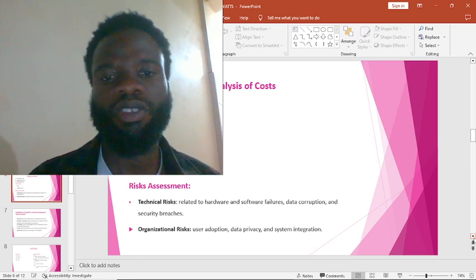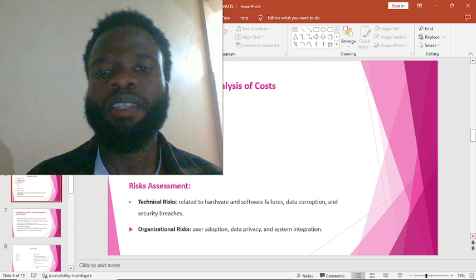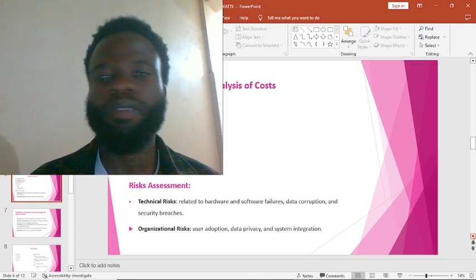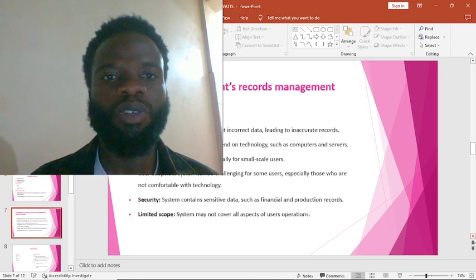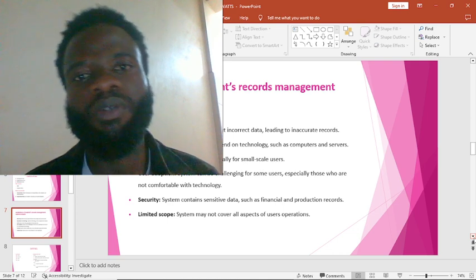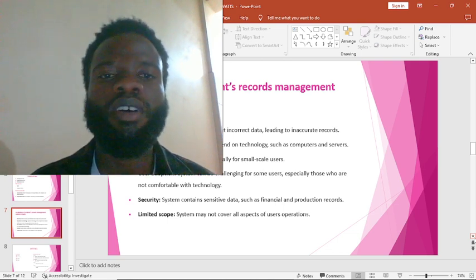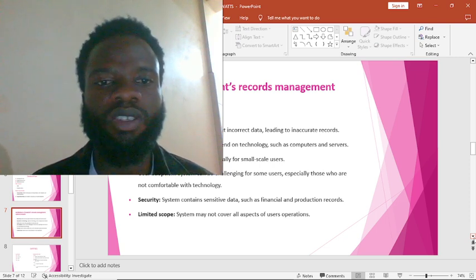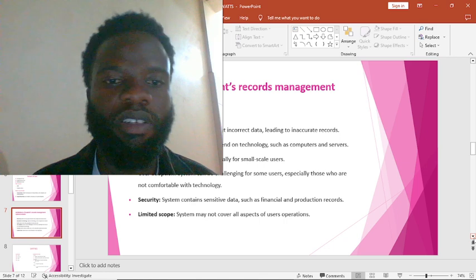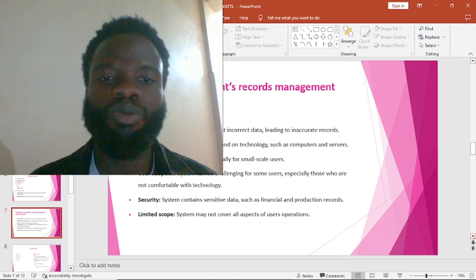The organizational risks are data privacy, system integrations, and user adaptations. Limitations of these students' record management systems include data entry, dependency on technology, costs, user adaptation, security, limited scope.